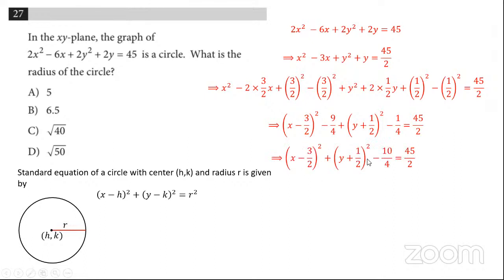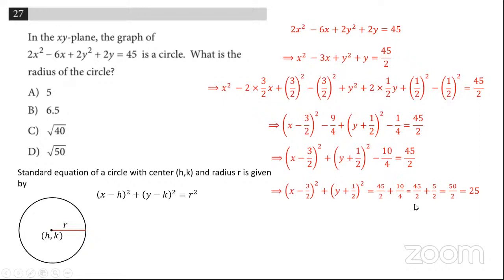So on rearranging and adding minus 9 by 4 and minus 1 by 4, we get minus 10 by 4. Now take this minus 10 by 4 to the other side. So we will get x minus 3 by 2 the whole square plus y plus half the whole square equal to 45 by 2 plus 10 by 4. 10 by 4 is basically 5 by 2.